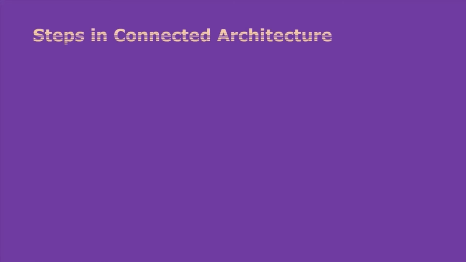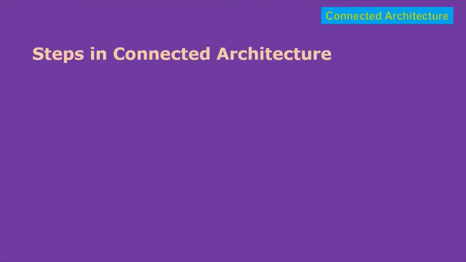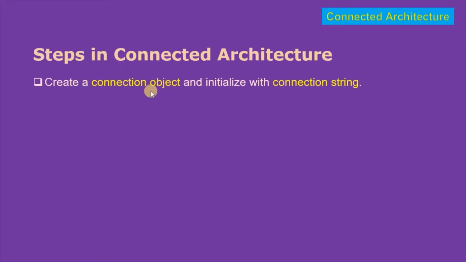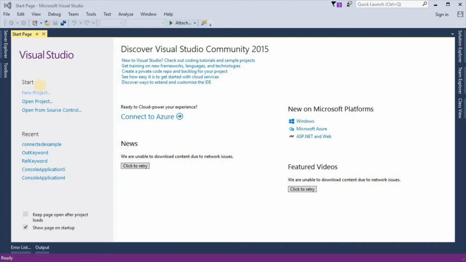Now we will see example of connected architecture. While creating example of connected architecture, we will follow these steps. Create a connection object and initialize with connection string.